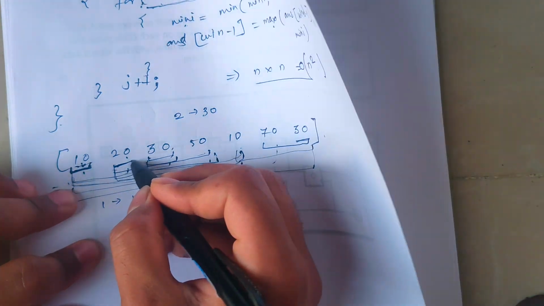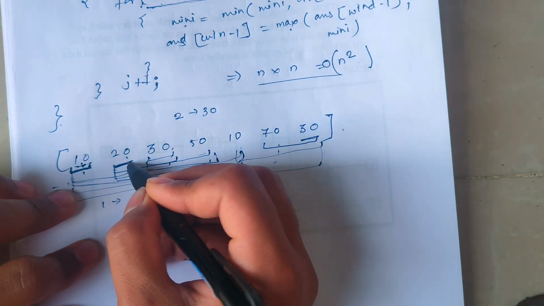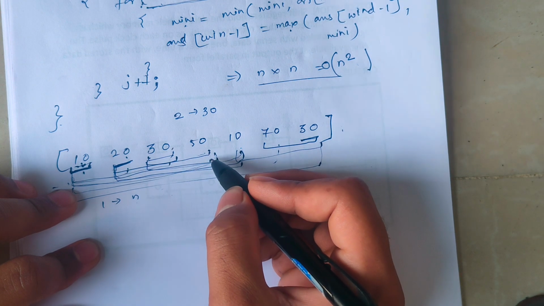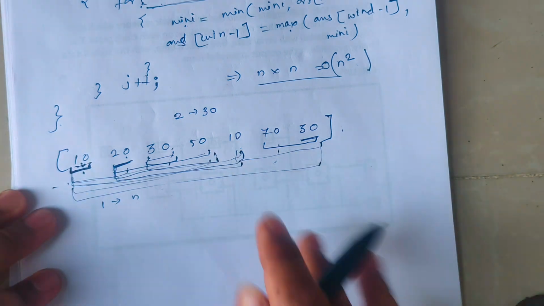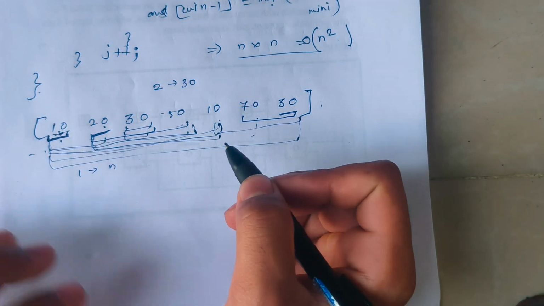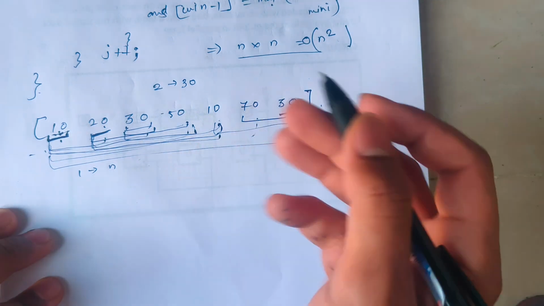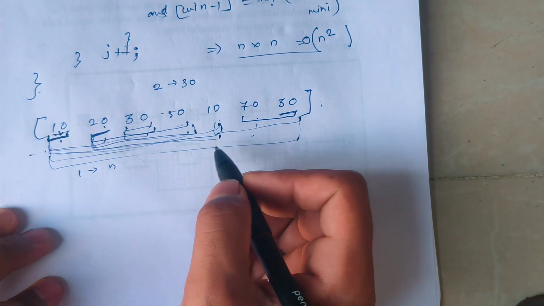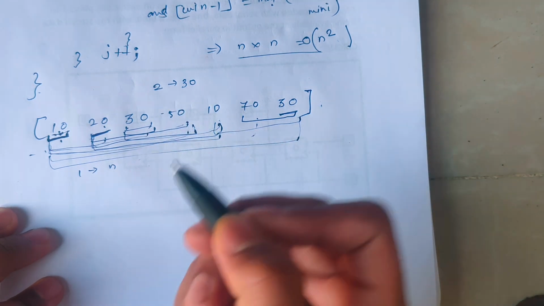So for every element we can calculate its maximum window size, for which it would be a minimum value. And how it would help us to get our answer, you will get it next time. But let's get the maximum window size. How are we getting the maximum window size?